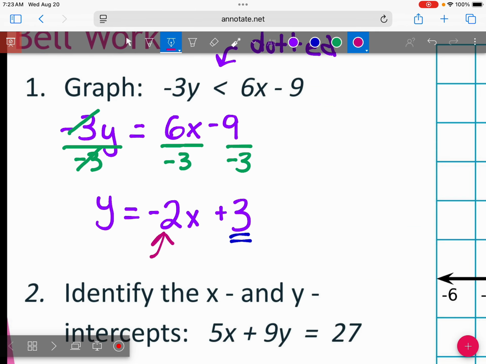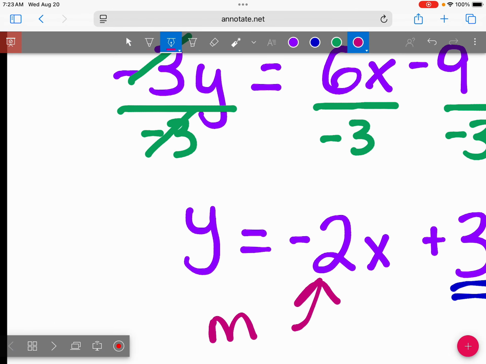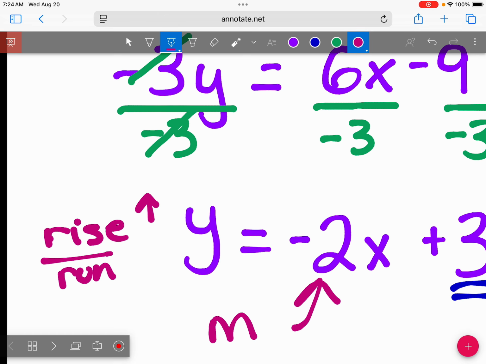So we look at our slope for our m here, and we always kind of default our rise over run to the default state of up and right. If we have a negative, we change one of those. So we either go down and to the right, or we go up and to the left, because the default is always right 1.